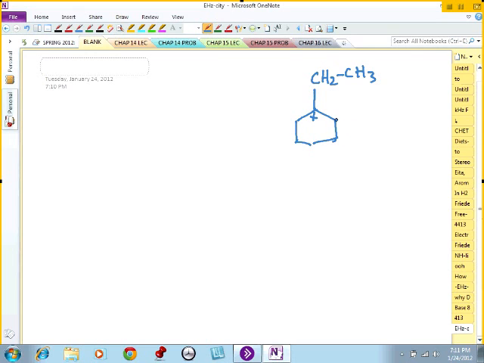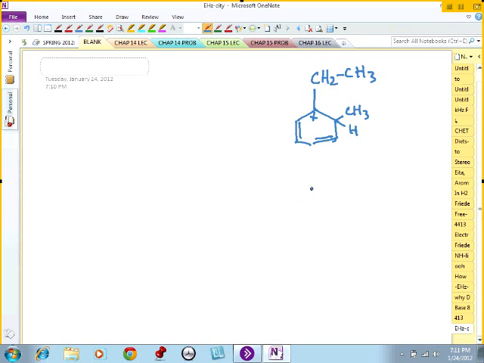Okay, so therefore we say that group is here. And this is here. Okay, that means we have this double bond here, this double bond here. You could draw some other resonance structures. It will be 3.